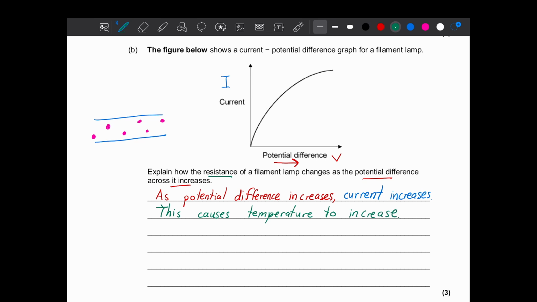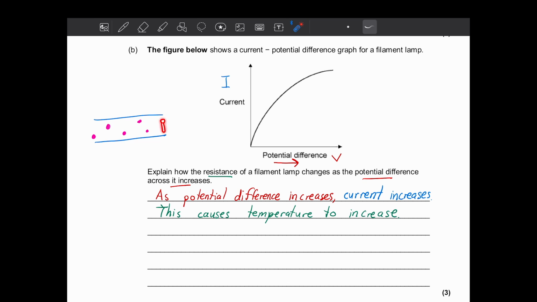Notice how I haven't actually given an explanation of how that works. That's not necessary according to the mark scheme. You just need to know that because current increases, temperature goes up as well. What happens when temperature goes up? For the vast majority of resistors that you meet, when temperature goes up, resistance goes up. Think about it this way.